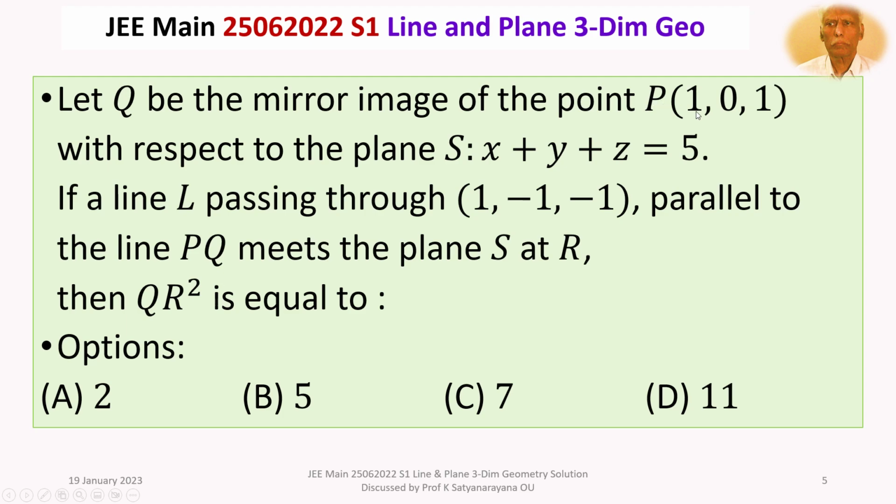And we have a point P 1, 0, 1 and its mirror image with respect to the plane S is given as the point Q. We are given a line L which passes through the point 1, minus 1, minus 1 and is parallel to the line PQ, and which meets this plane S at a point R. We are required to find QR square, that is the square of the distance between Q and R.